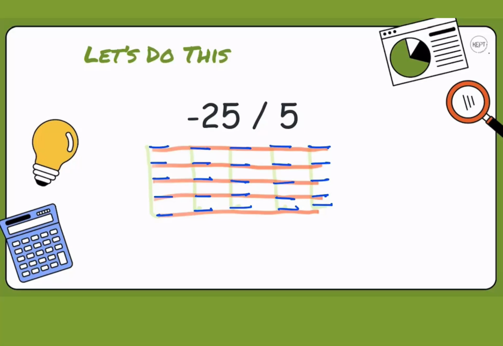So if I have 25 total, how many will be in each group if I have 5 groups? And that answer is negative 5. All right, we see here that we have a negative number divided by a positive number, so we know that is equal to a negative number, and we can see that in this model.